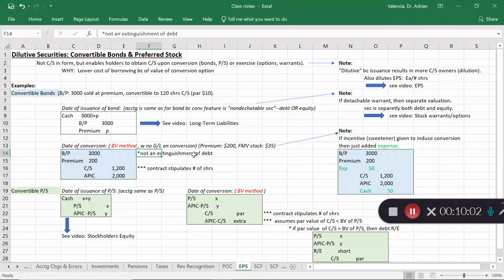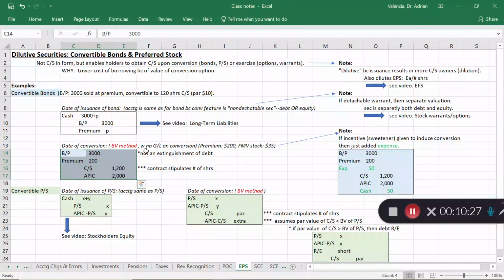So the borrowing company wants to pay off that loan. In other words, buy that bond again. So they go out in the open market and they purchase or pay off the bond holders. And in those scenarios, you might have a gain or a loss, right? That's not what we're doing here, okay? Don't confuse those. This is a conversion, whereas what I just described right now is an extinguishment of debt. Those are two separate things.